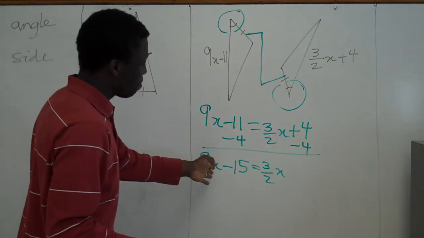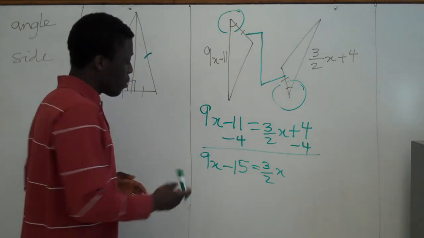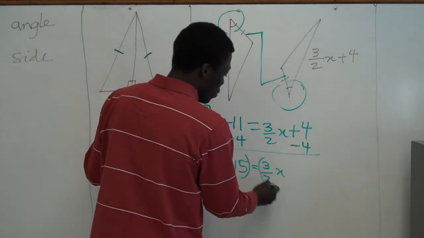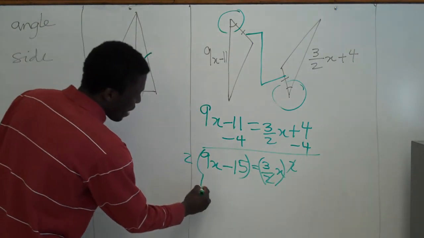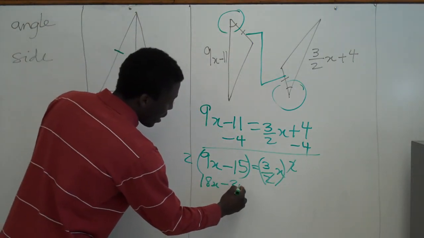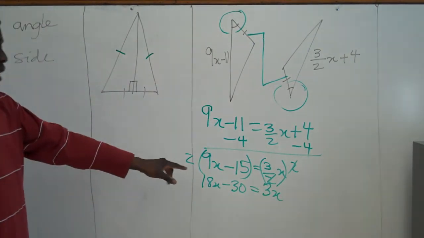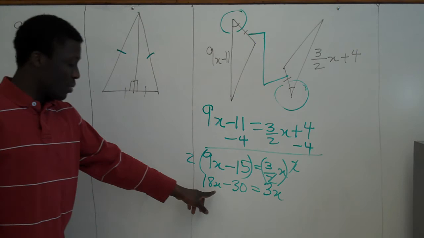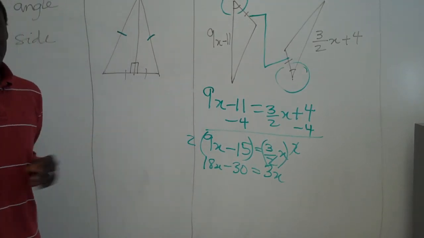With the x's, if we want to get rid of the 2 on the bottom, we can multiply both sides by 2. That way we get rid of the 2 on the bottom. And so we have 18x minus 30 is equal to 3x. We bring the 3x to the same side as the 18x. And so we have 15x is equal to 30, and x is equal to 2.